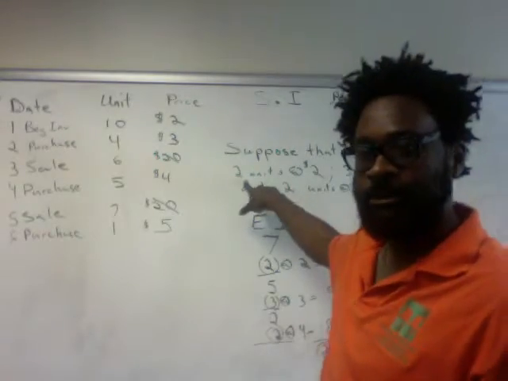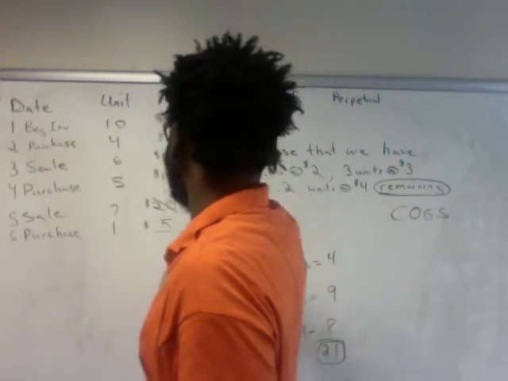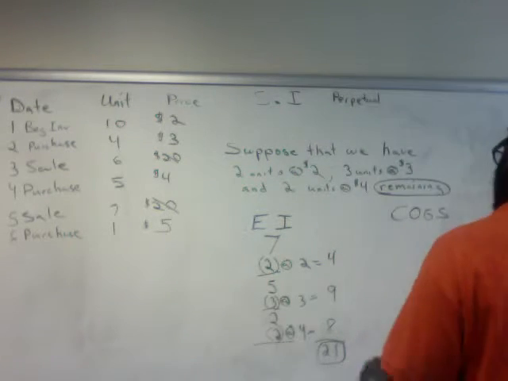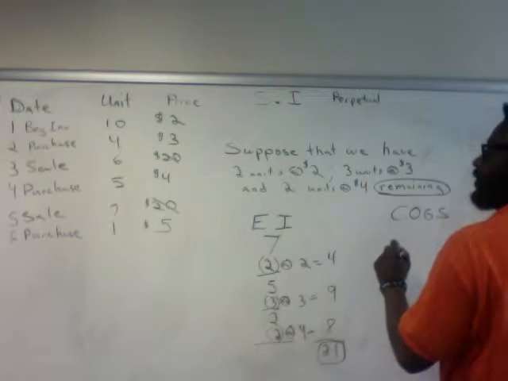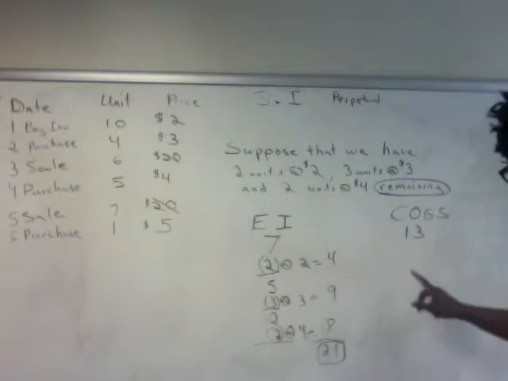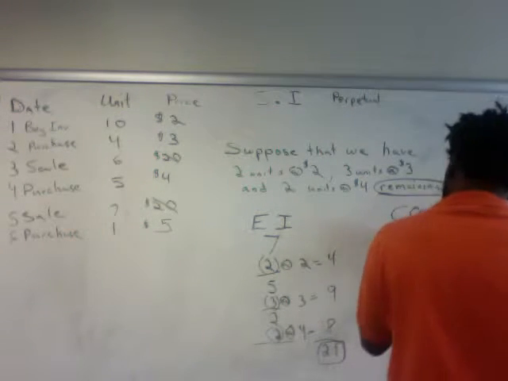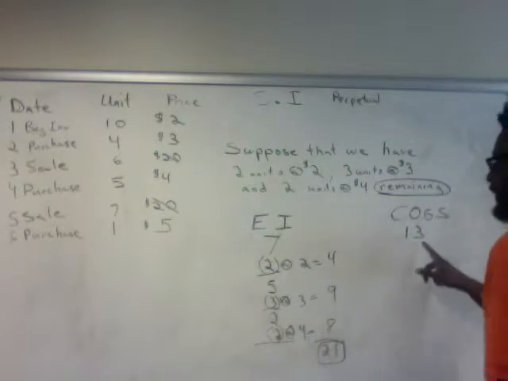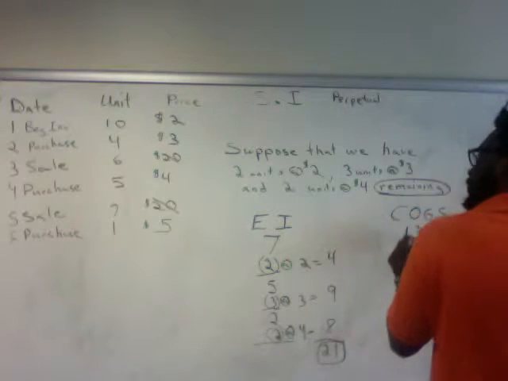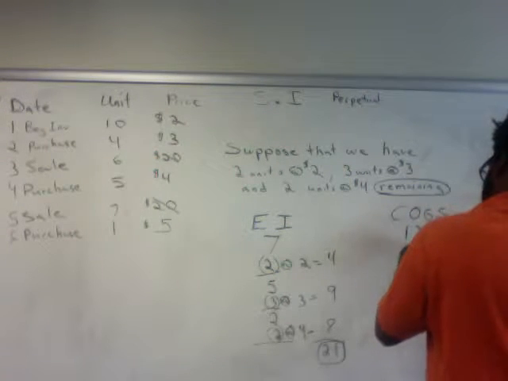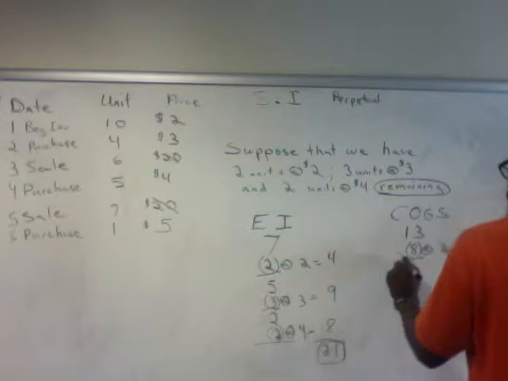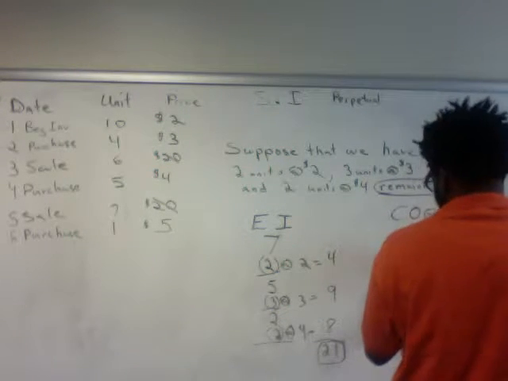So if we started out with 10, but we have 2 left, that means that we sold how many? 8. So we know we sold 13 units total. And we know that, where did I get the 13? Total, just the number. So we know that 8 of those were sold at $2, a cost of $2. So now we're looking for 5.